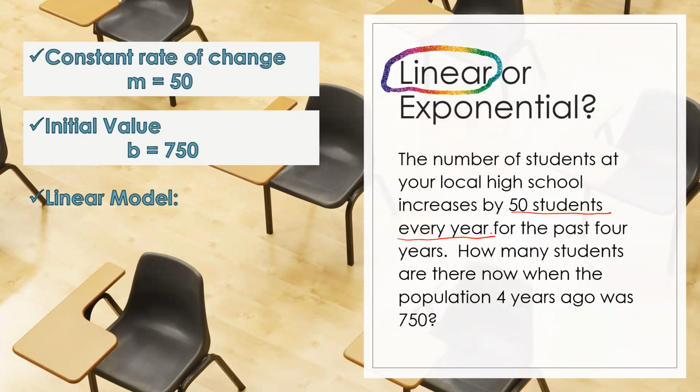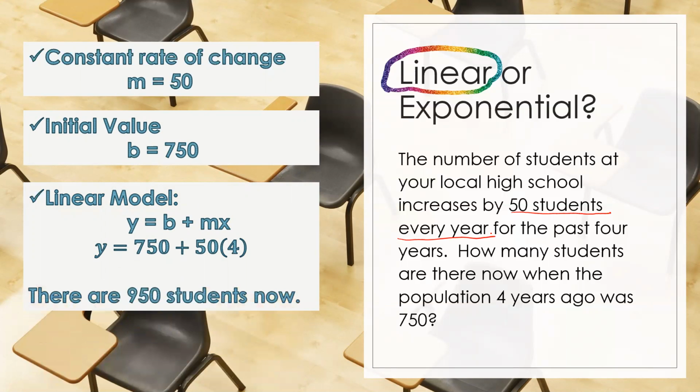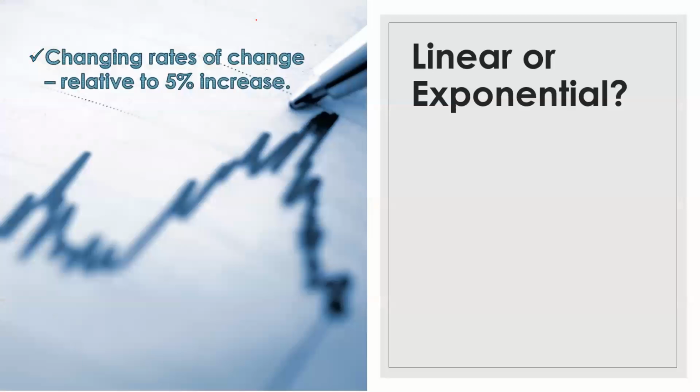And the linear model says Y is equal to B plus MX. So I would have 750 plus 50 times 4, because it's been 4 years. And we would say now there are 950 students. Okay, so what makes it a linear model? Constant rate of change.